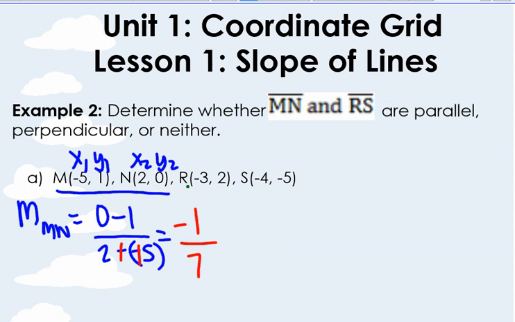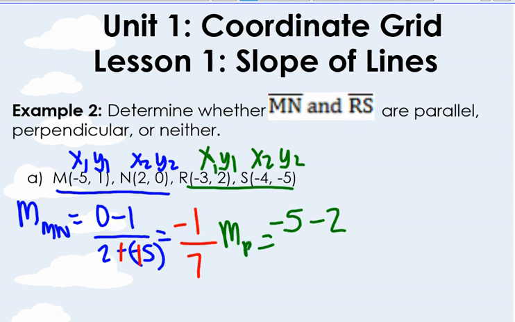I'm going to do R S here in green. I'll label it x1, y1, x2, y2. I'm going to have -5 minus 2 over -4 minus -3. Parentheses there. Again, we're subtracting a negative, which becomes addition.